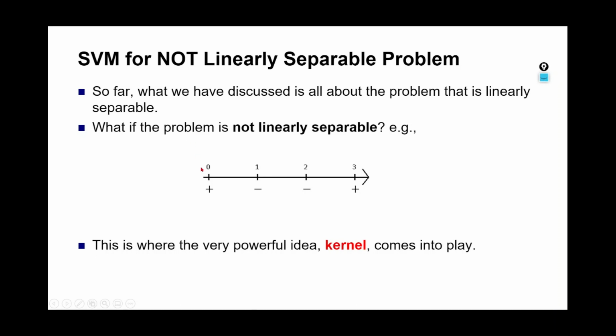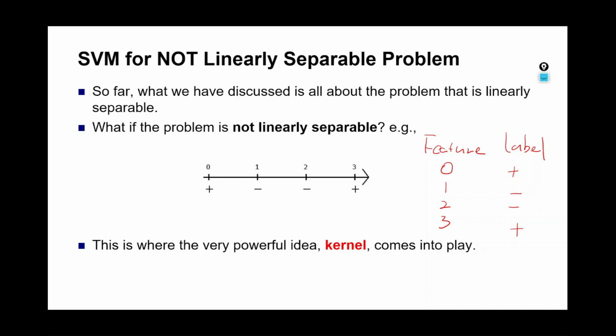For instance, this is just one dimensional, like a number line, 1D. And then we have these 4 points. Our feature values over here are 0, 1, 2, 3, and the labels are positive, negative, negative, positive.